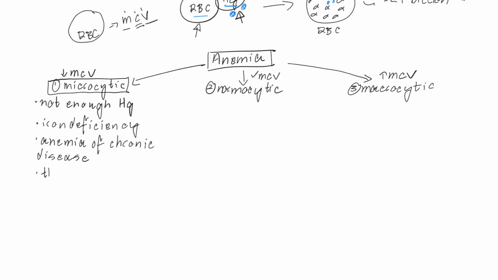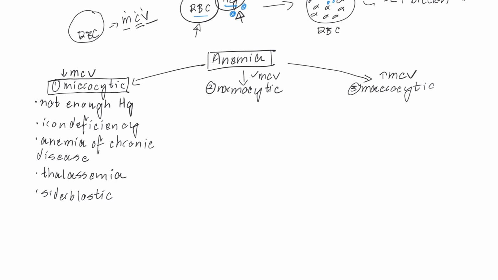There's something called thalassemia, which is a genetic problem where the body can't make globin chains, and that means there's defective hemoglobin. And there's also something called sideroblastic anemia. Iron is available, but it's not being incorporated into the heme, so you don't have enough hemoglobin units.